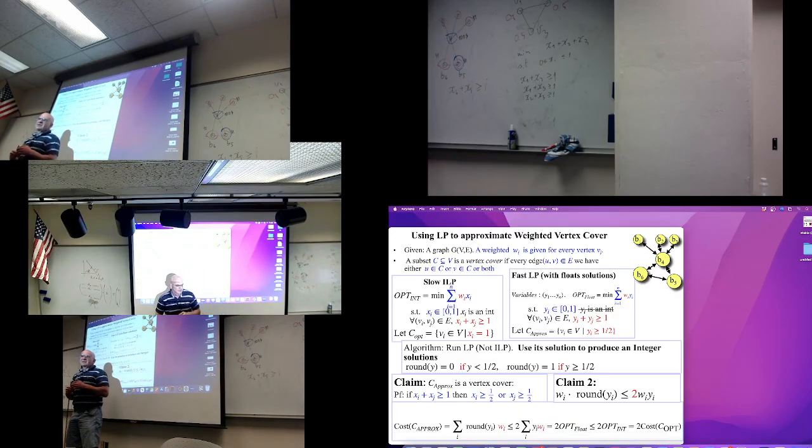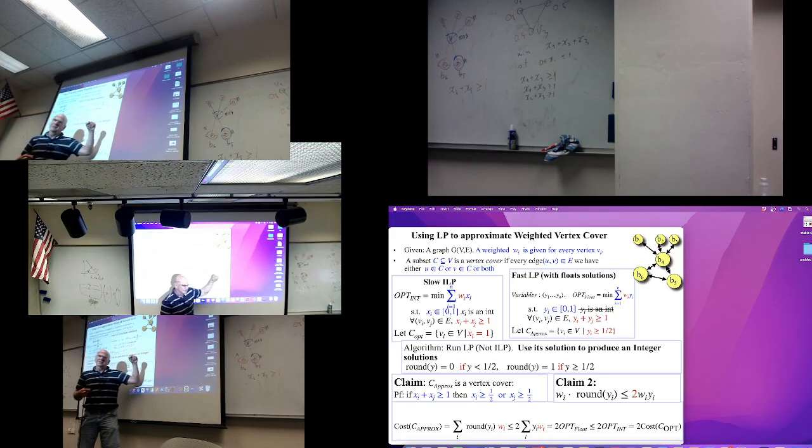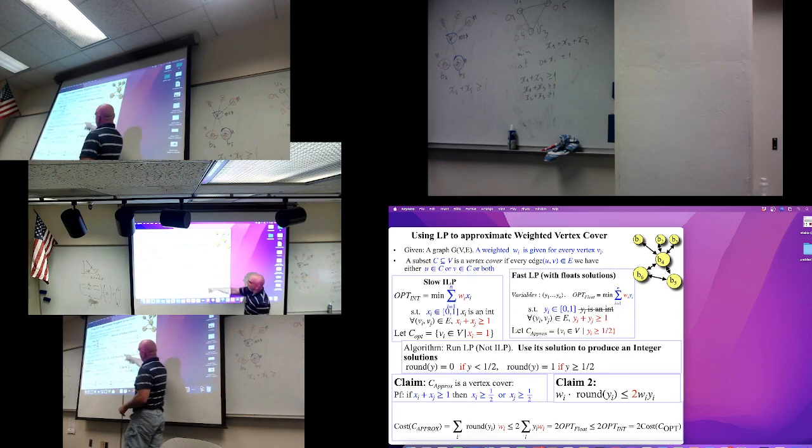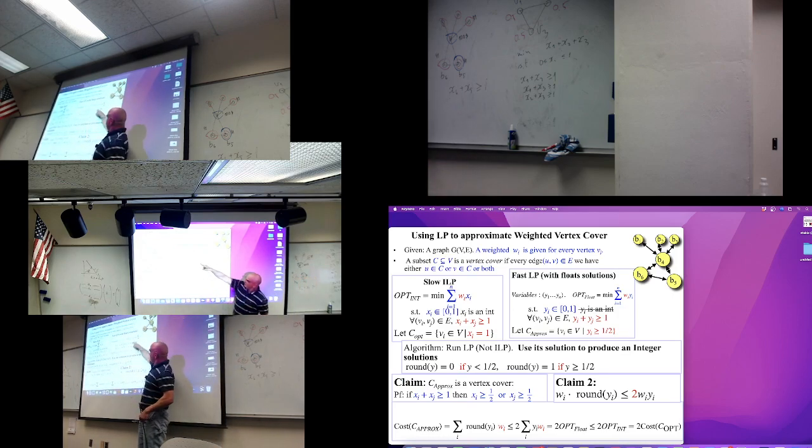So it looks a bit useless. Like I want to pick a set of vertices, and what does it mean to pick half a vertex? What should I do? So here is what the algorithm tells you. Look at all the results of the LP. Look at every yi. If yi is larger than half, round it to 1, meaning that vi will be in your set.